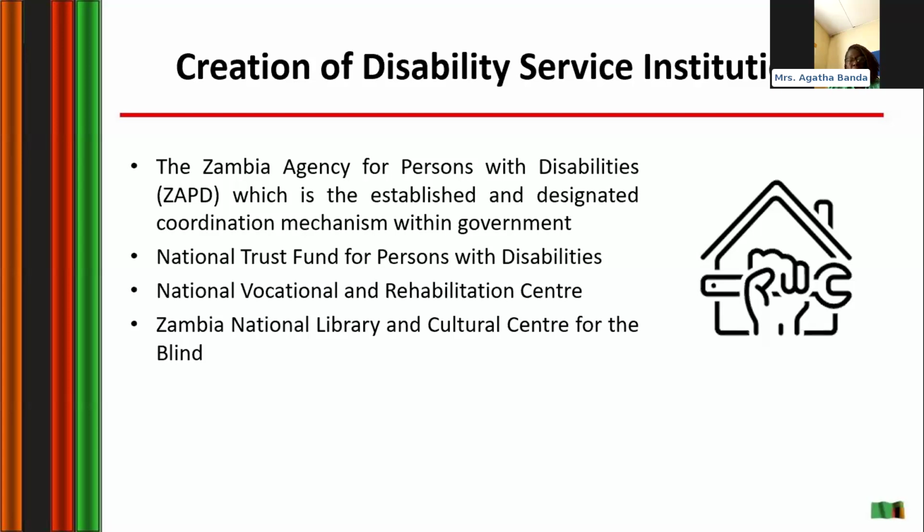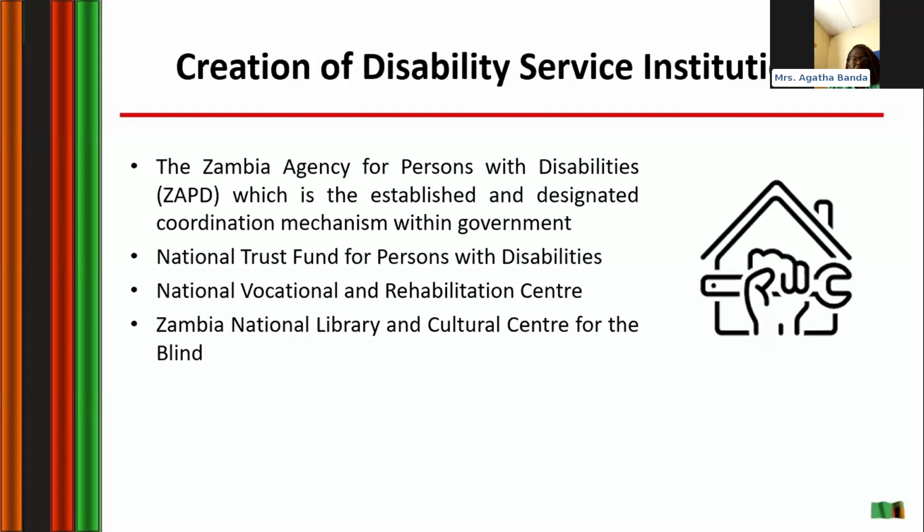These have to be spearheaded and given the emphasis that they deserve, because like other speakers have mentioned, women and girls with disabilities face greater challenges as compared to their male counterparts.